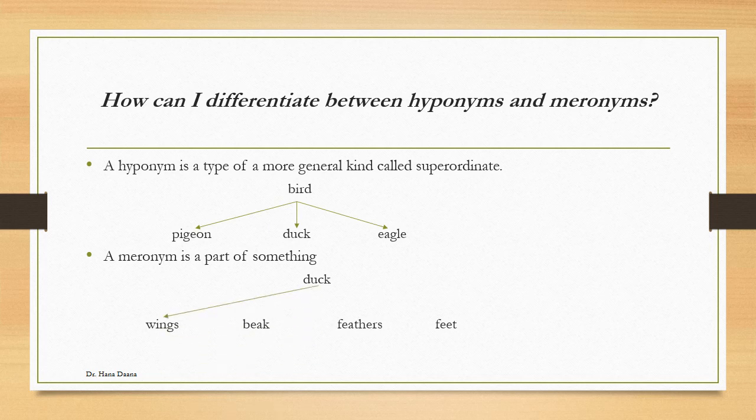The duck has wings, a beak, feathers, and feet. So if you are supposed to talk about the relationship between wings and duck, beak and duck, feathers and duck, very simply you say a duck has feet, a duck has feathers, a duck has a beak. So we use the verb to have in order to describe this kind of relationship between the meronyms and the whole duck. So this is how we can tell the difference between hyponyms and meronyms.